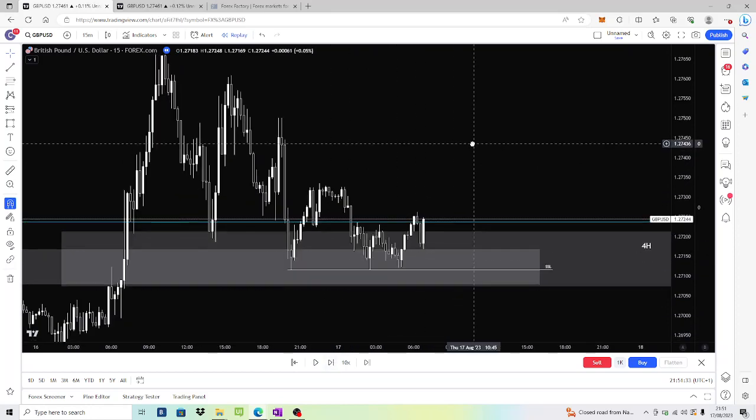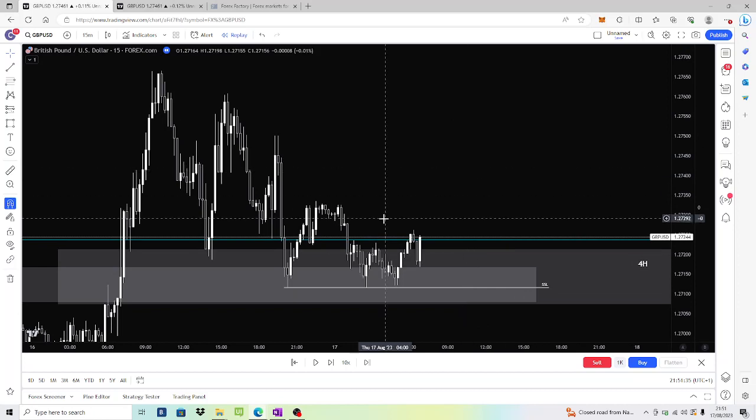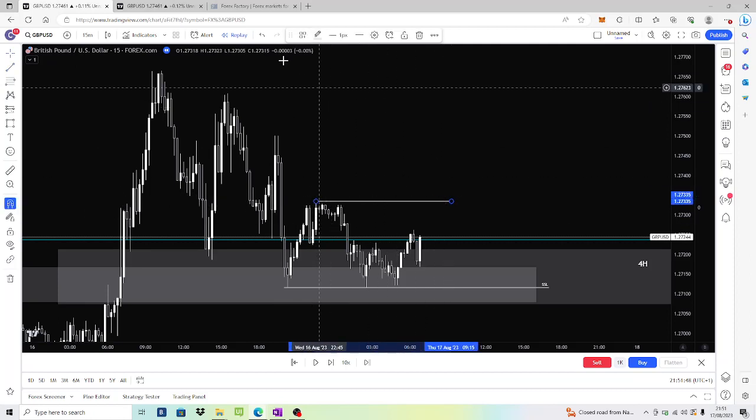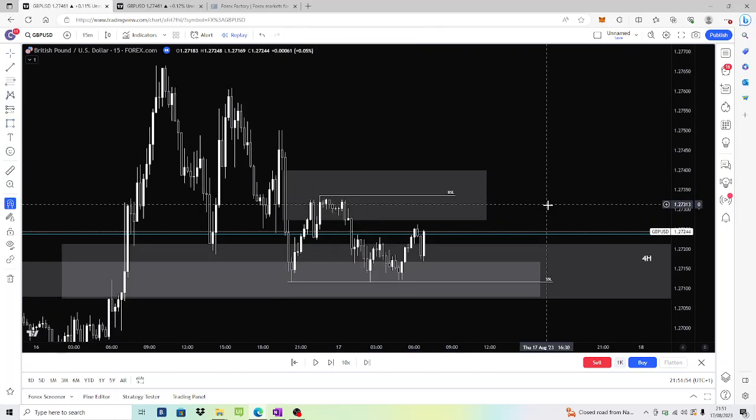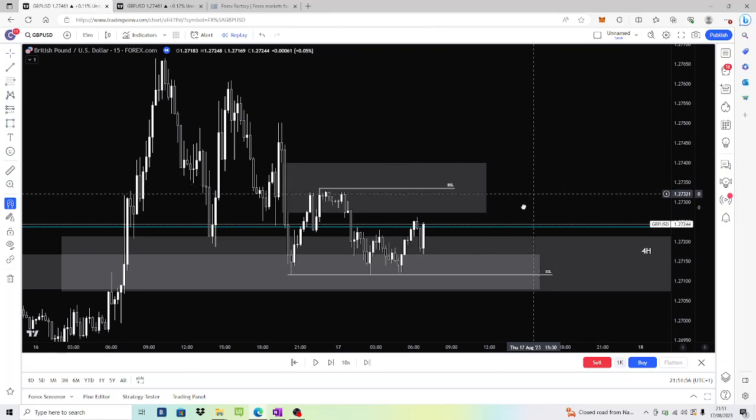Right, London session. What highs would I be looking at coming in? These highs, I guess, are the most prominent 15-minute highs. Into this big imbalance. That would be the obvious trade.